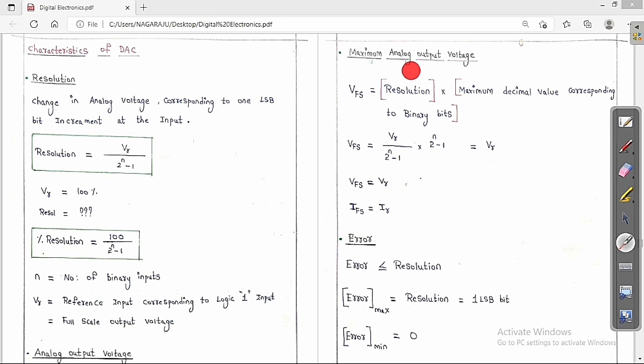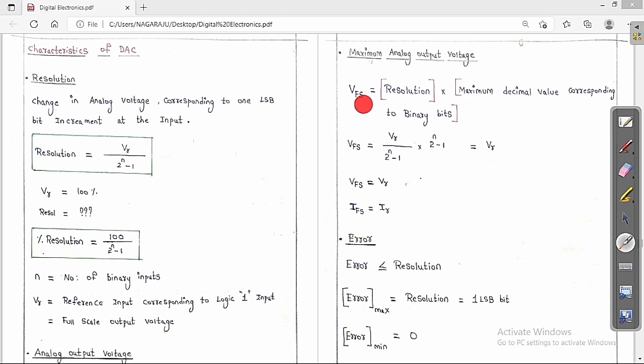Now we discuss the maximum analog output voltage. What is the maximum analog output voltage that is possible for this DAC? I have already told you, the maximum analog output voltage is called VFS, the full scale.